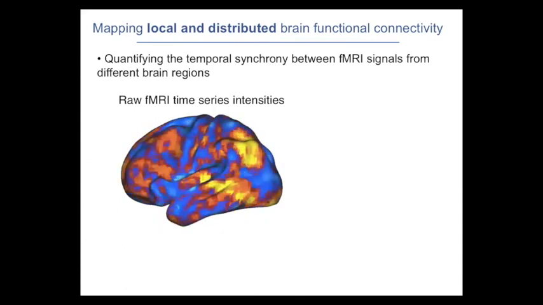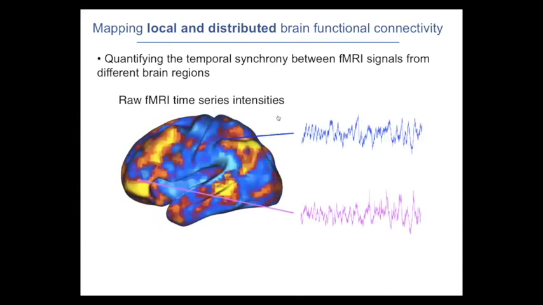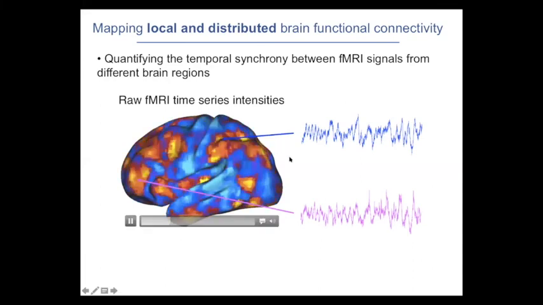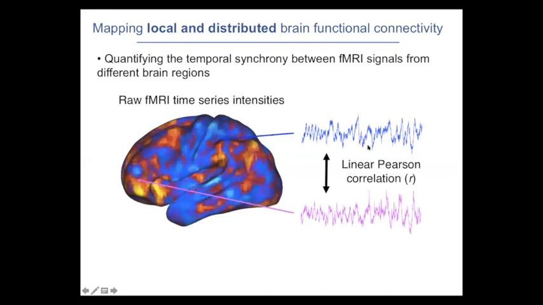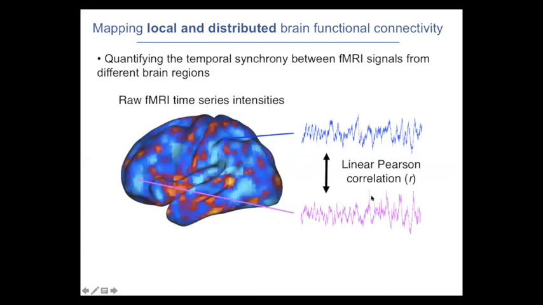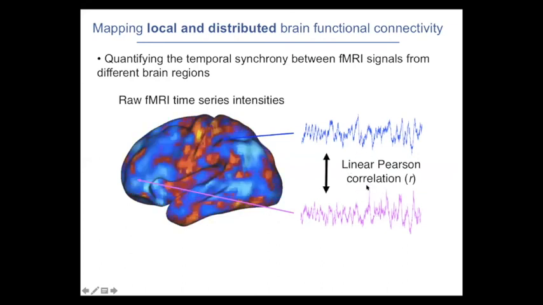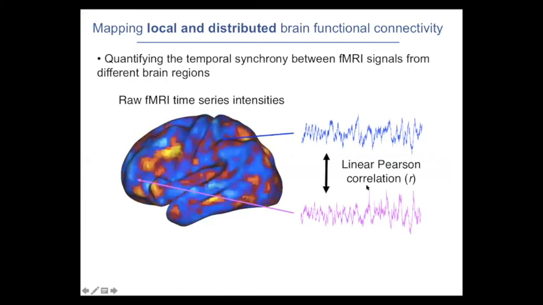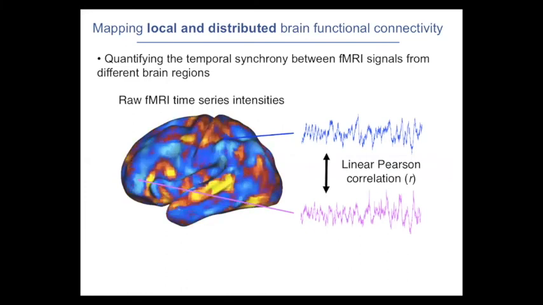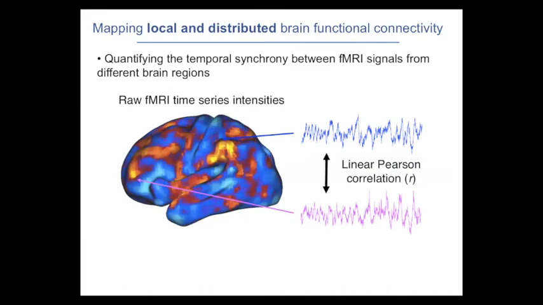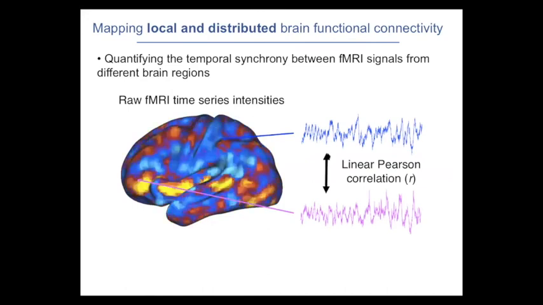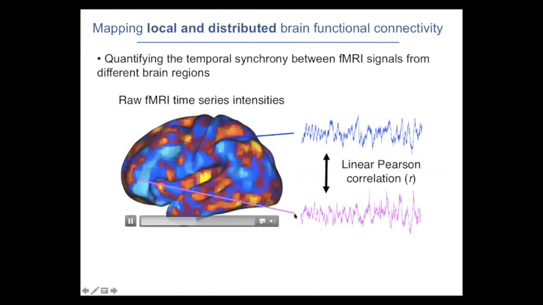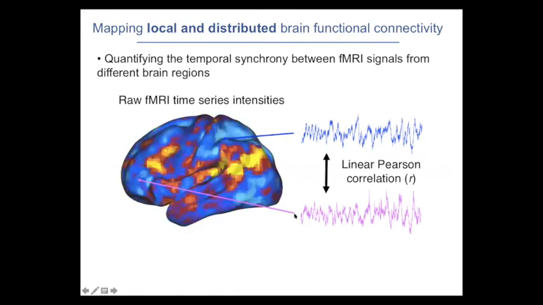And they're not just random noise. If you compare the time series from two remote regions, you can see there's some synchrony there. It's commonly quantified by linear Pearson correlation. The higher the correlation, the more we assume these two regions are connected and likely to be involved in one functional network. So that's another dominating, widely used analysis nowadays.